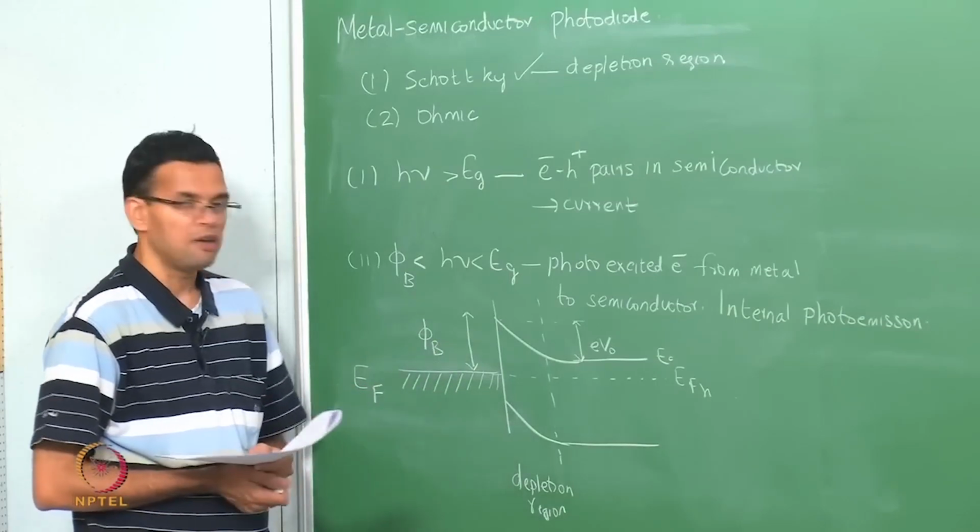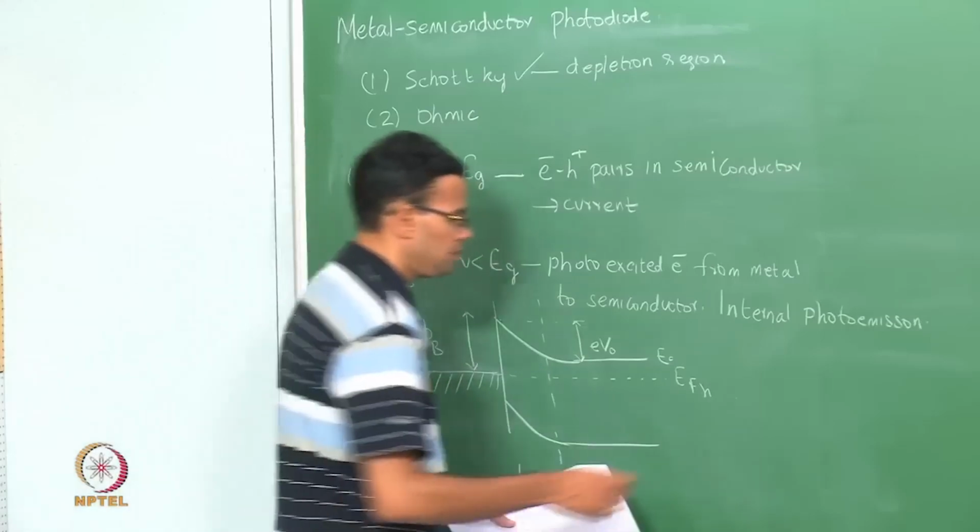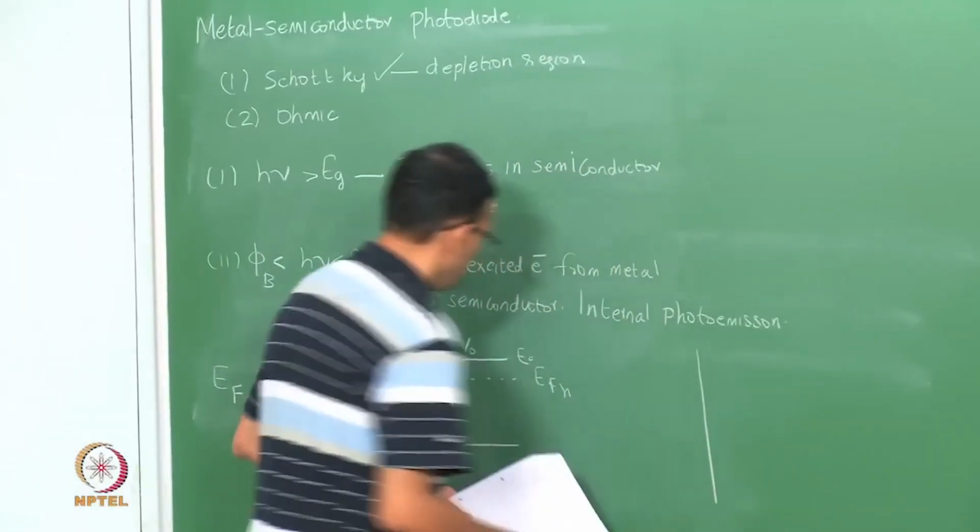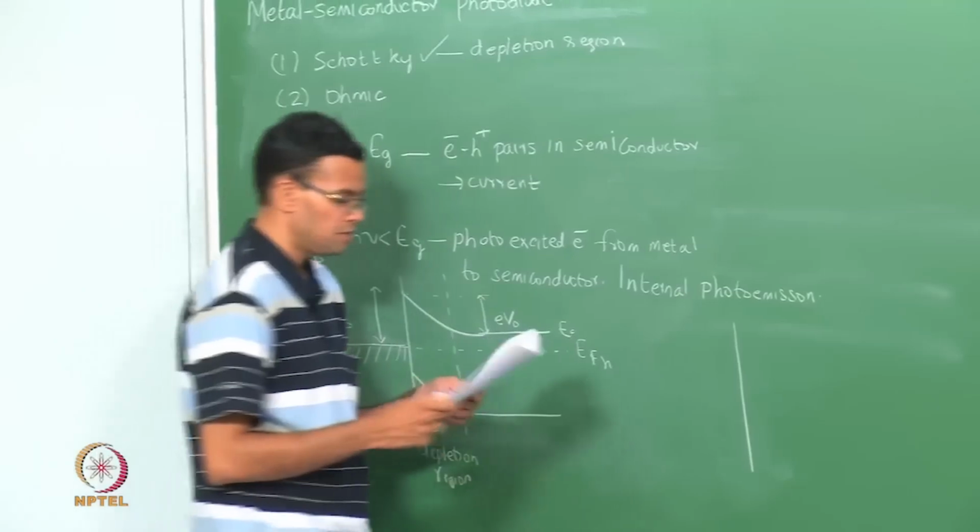So, when we apply a reverse bias to this junction, your semiconductor potential shifts.